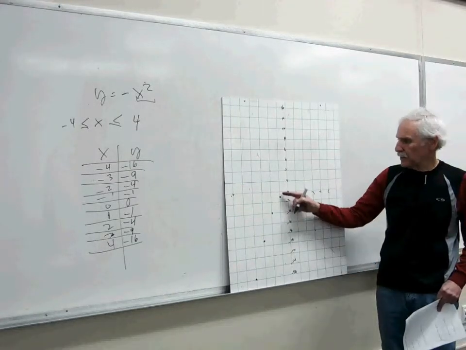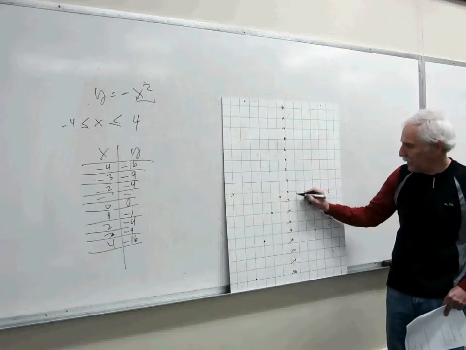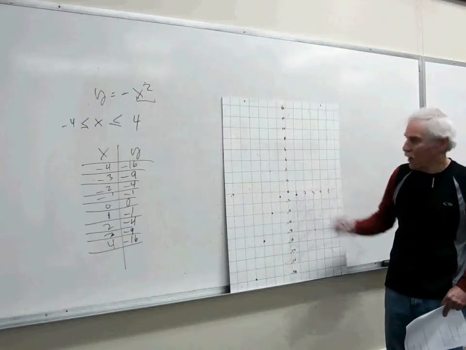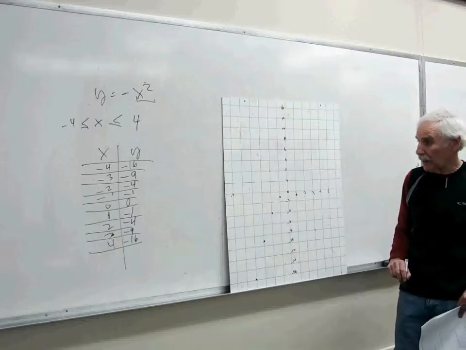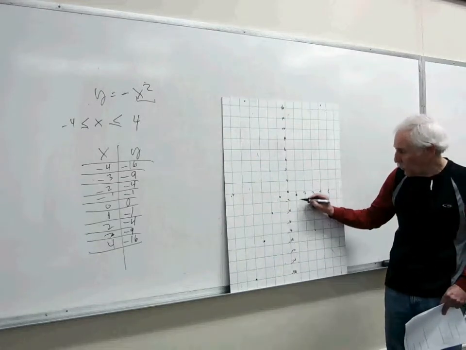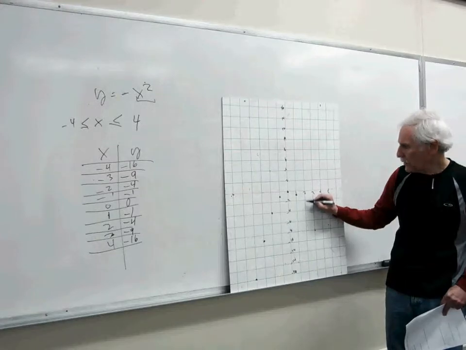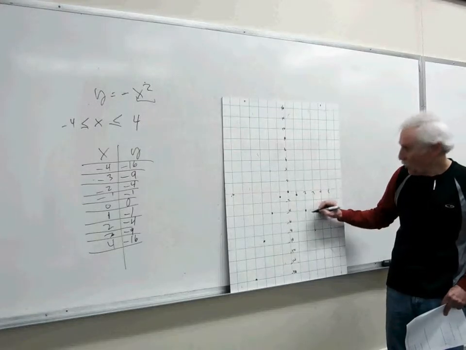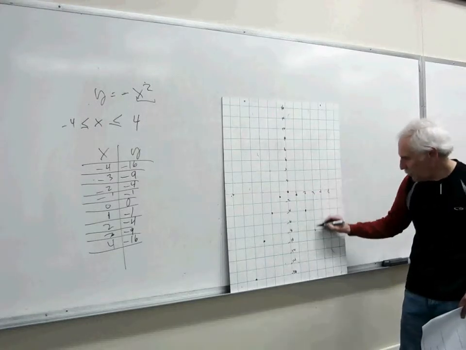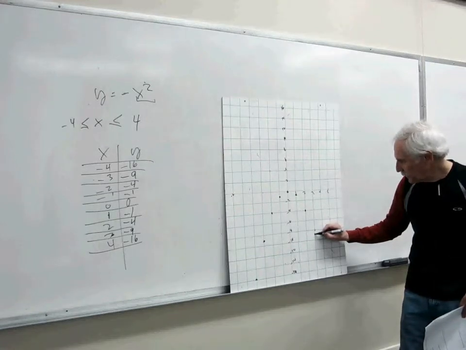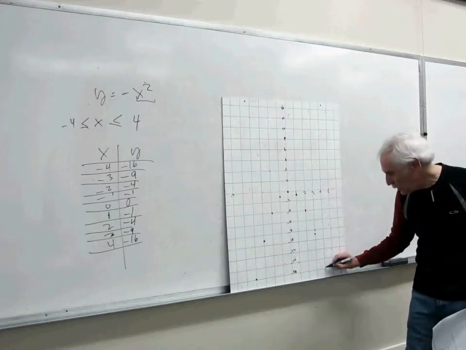When x is equal to 1, y is equal to minus 1. When x is equal to 2, y is minus 4. When x is equal to 3, minus 9. And when x is equal to 4, minus 16.